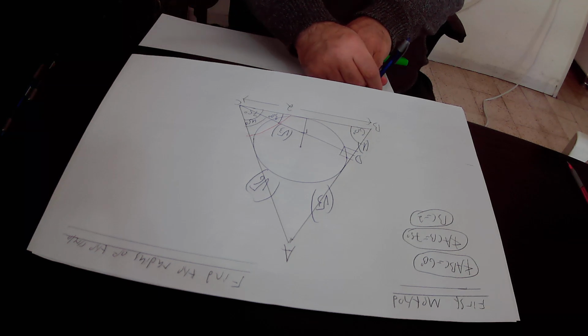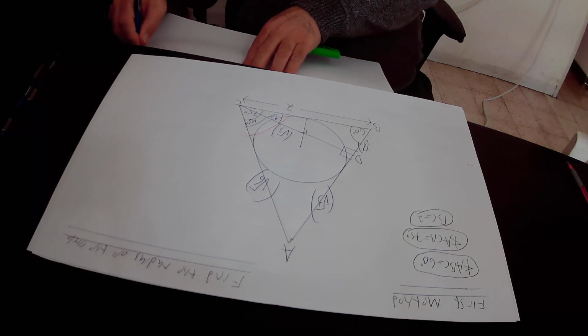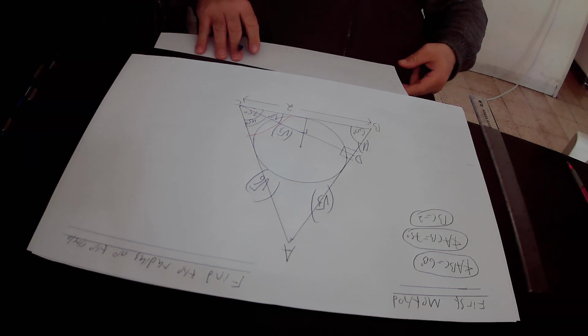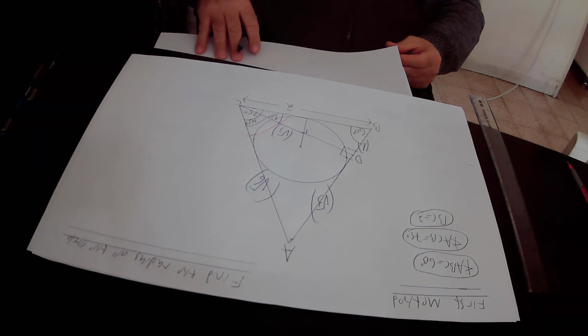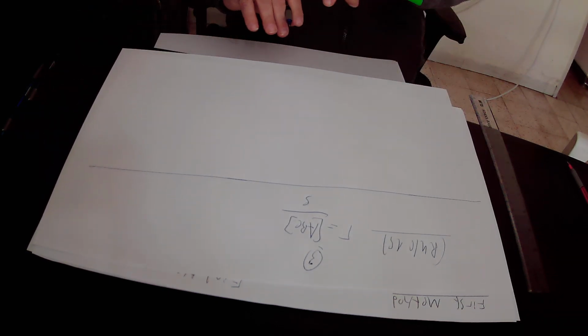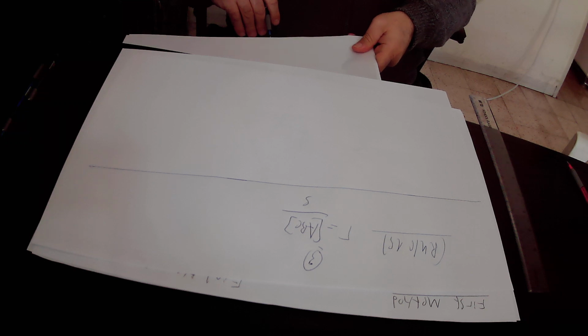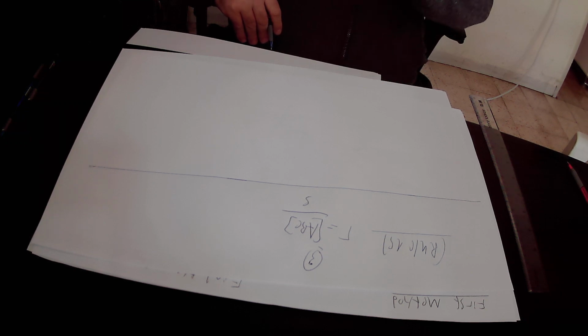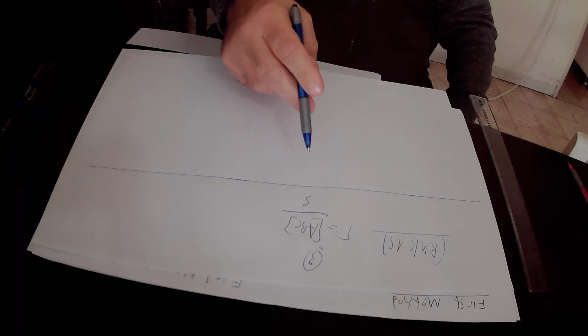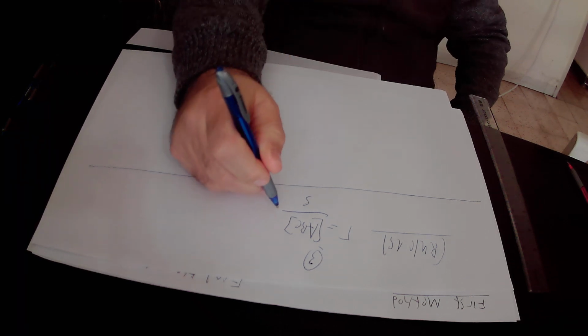I repeat again: the radius R of our circle that is described by triangle ABC will be equal to the area of triangle ABC over the semi-perimeter S of the same triangle ABC.